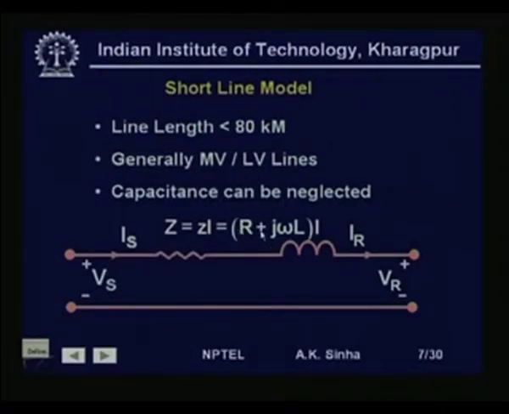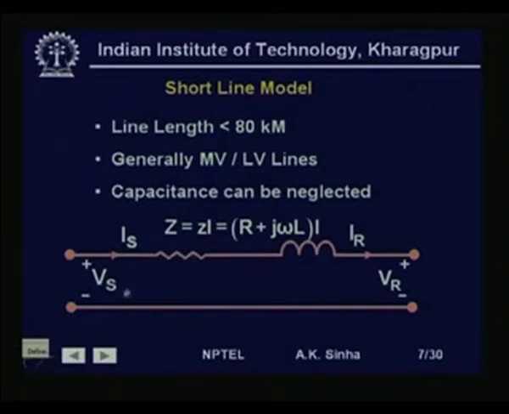So, Z is equal to z into L, this is equal to R plus j omega L into L, where R is the resistance per unit length of the line and j omega L is the reactance per unit length of the line.